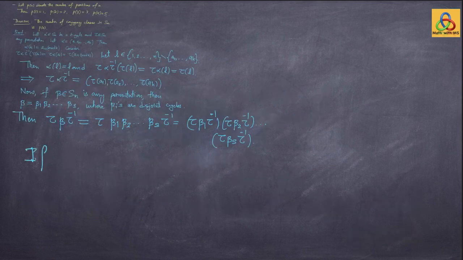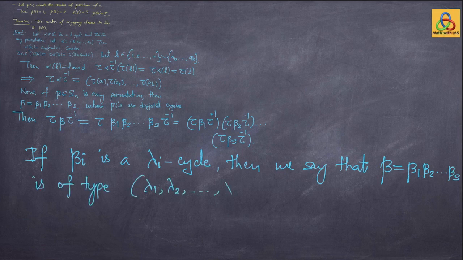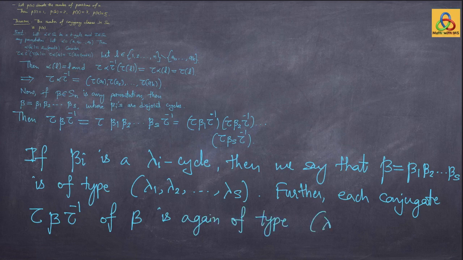If beta i is a lambda i cycle, that is a cycle of length lambda i, then we say that beta, which is the product beta 1, beta 2, and so on beta s, is of type lambda 1, lambda 2, and so on lambda s. Further, each conjugate tau inverse of beta is again of type lambda 1, lambda 2, and so on lambda s.